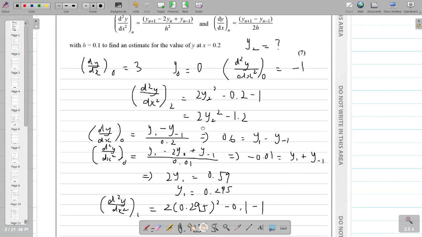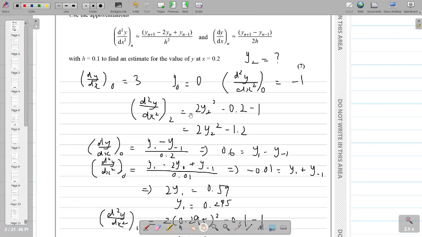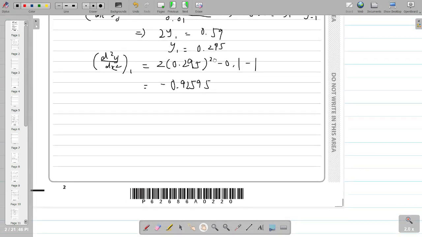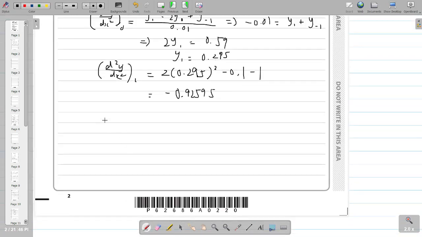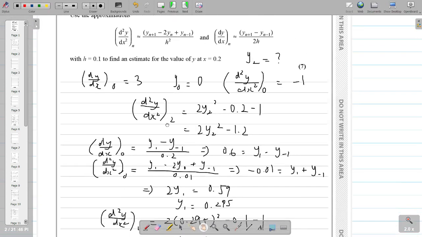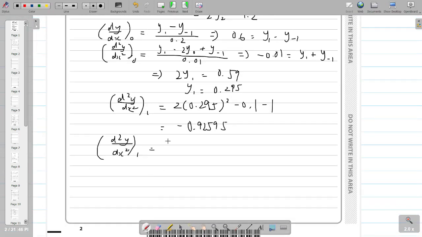What else can we do with this one? Oh yeah, now we can actually determine what y sub 2 is. Why? Because from our formula, we know that d2y dx squared at 1 is equal to, from the formula of the estimation, y sub 2 minus 2y sub 1 plus y sub 0 over 0.01.